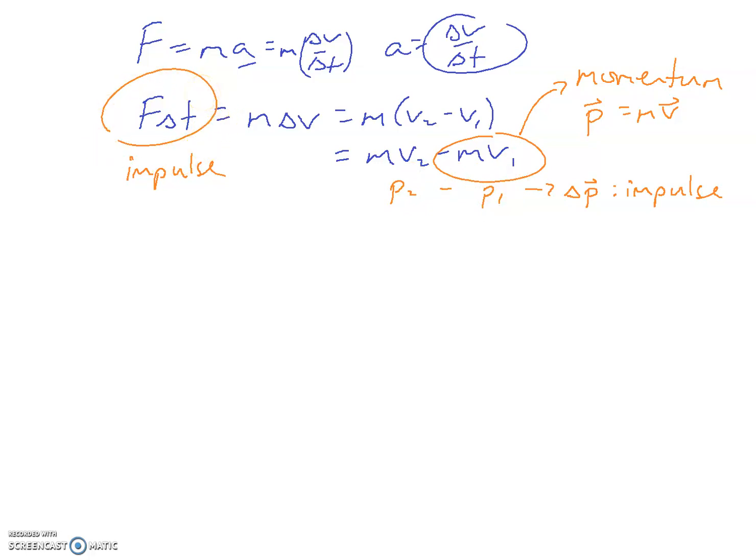So we have two main expressions: momentum is equal to mv, and change in momentum is equal to force times delta t, and this one is the impulse. Again, it seems like something new, but it isn't. It's just F equals ma and acceleration, v over t, put together.